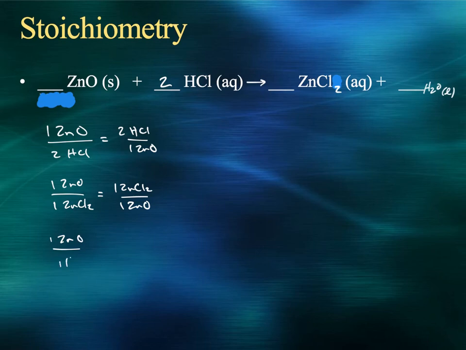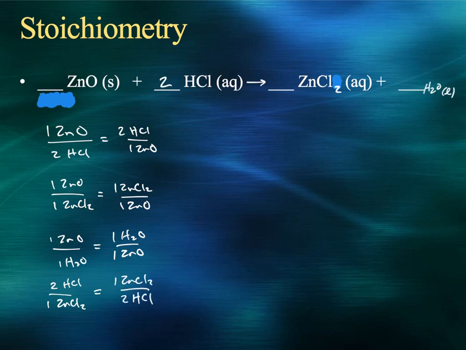For every 1 water molecule, and 1 water for every 1 zinc oxide. And for every 2 HCl, you can make 1 mole of zinc chloride. For every 2 HCl. Okay, so just reversing that, we could do 2 HCl for every 1 water that we form, or we form 1 water for every 2 moles of HCl that we've got.